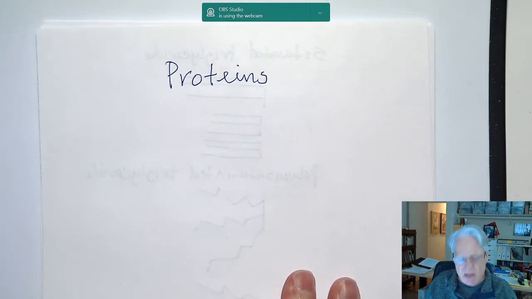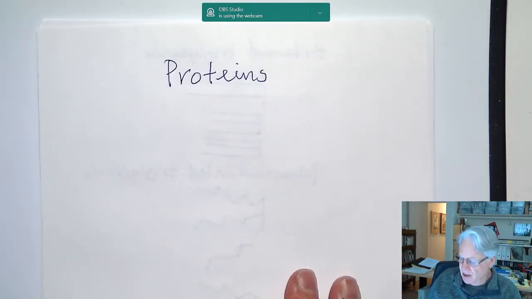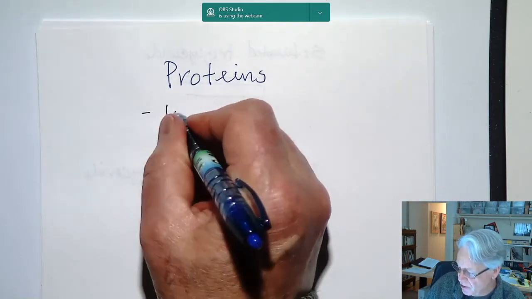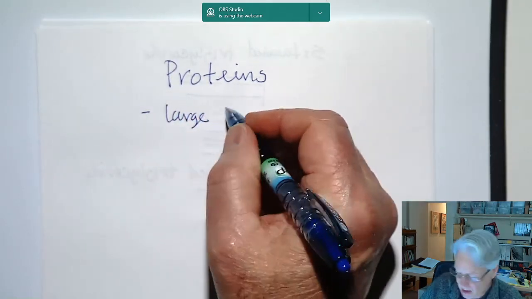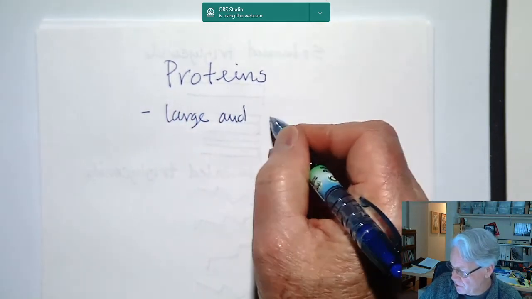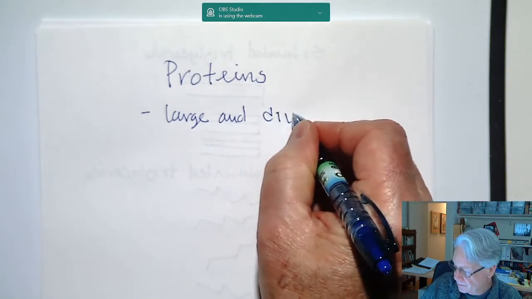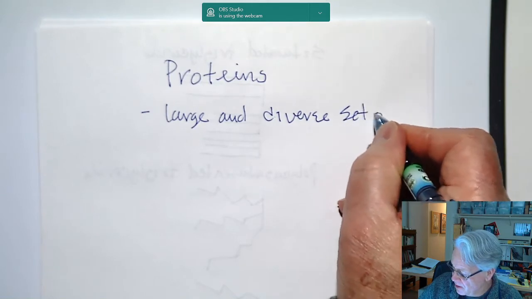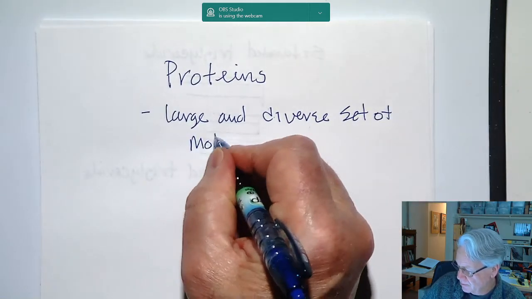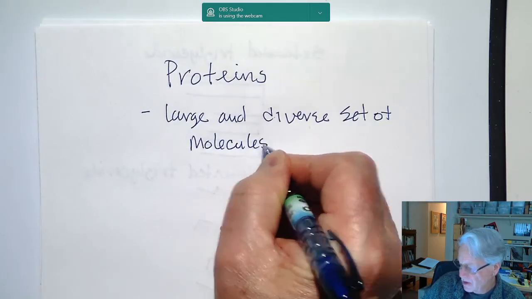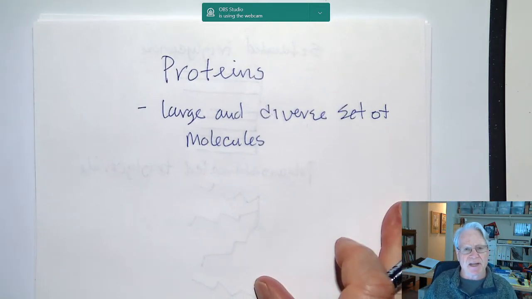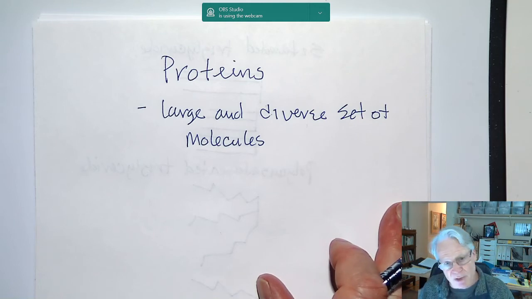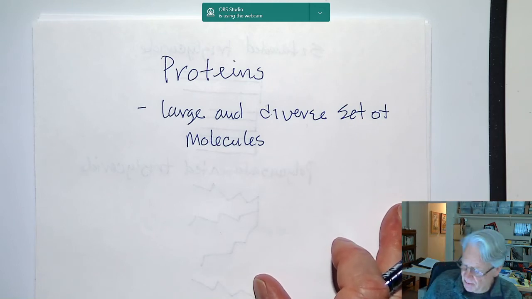One of the things that we can say is that this is a very large and diverse set of molecules. There are many, many different kinds of proteins found in the human body and throughout all of life.